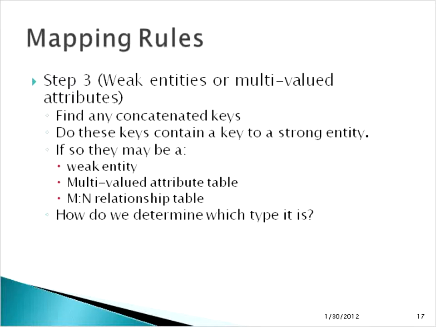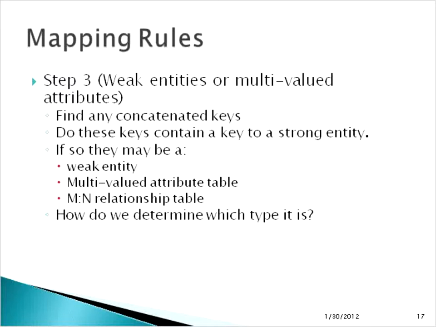So because employee number is not its own primary key, but skill type is, you figure that this is a weak entity. And you know it's a weak entity because there is another attribute or more attributes besides just the keys. Versus, if you look at page 300, at the bottom of page 300, where we are checking for multi-valued attributes, look at the instructor table at the bottom of page 300.